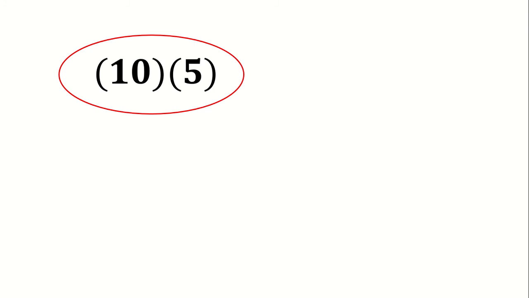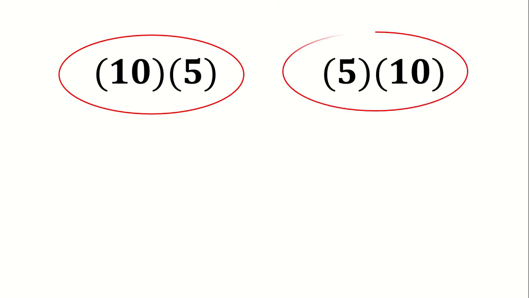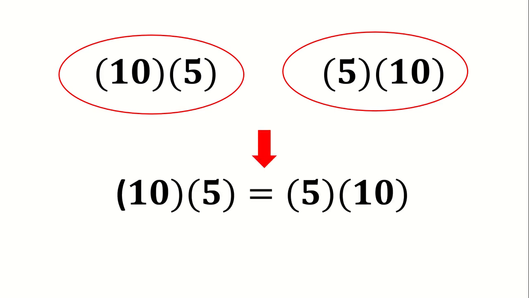So 10 times 1, 10 times 2, the ones that you've memorized, 10 times 5 is 50. But in the set of 5, 5 times 1 is 5, 5 times 2 is 10, 5 times 3 is 15, and so on. But 5 times 10 is also 50.